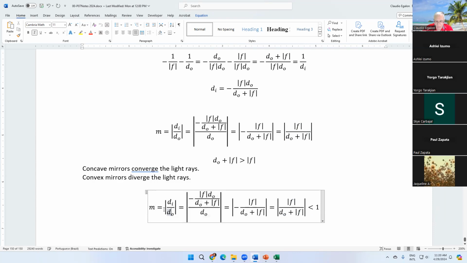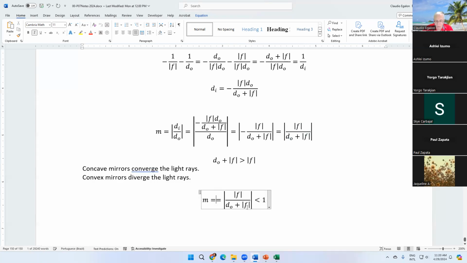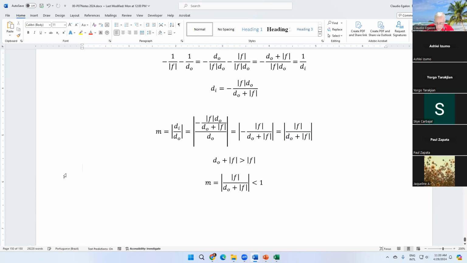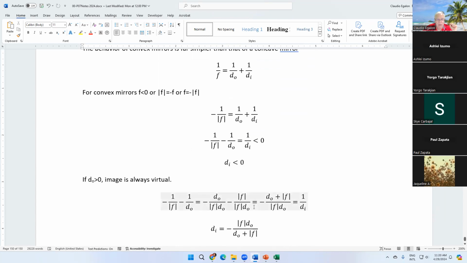So the magnification will always be less than 1. Whereas for the concave mirror we had three different regions that we have to worry about, the convex mirror has just one region. So it's simpler than the other one.